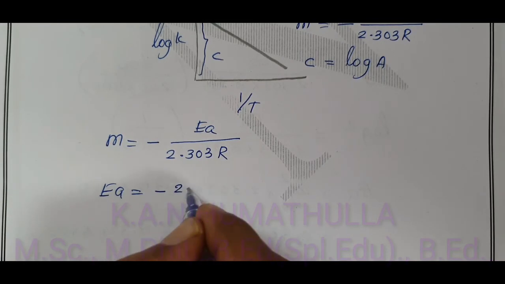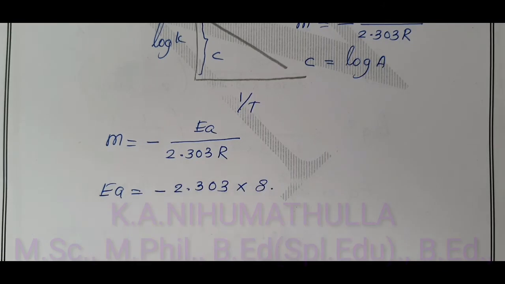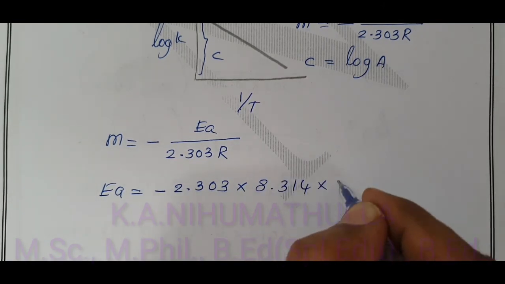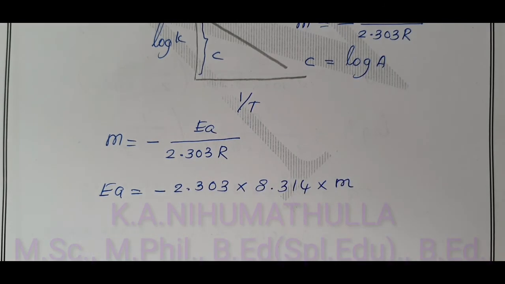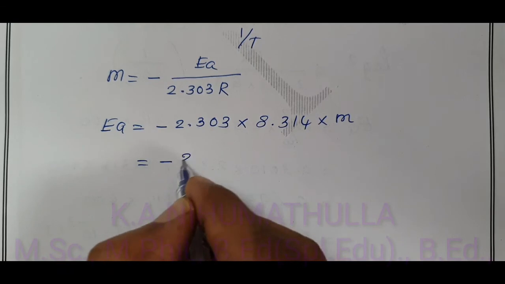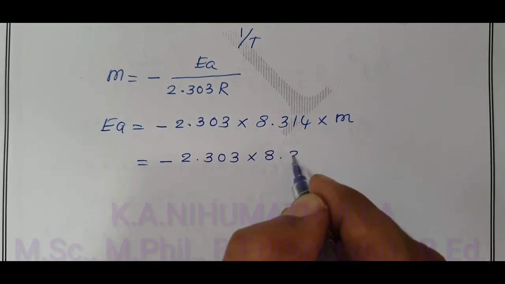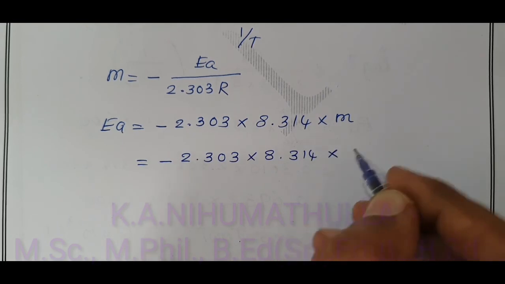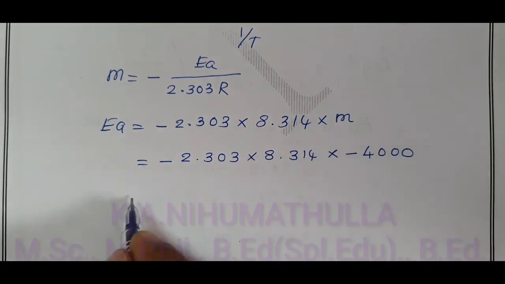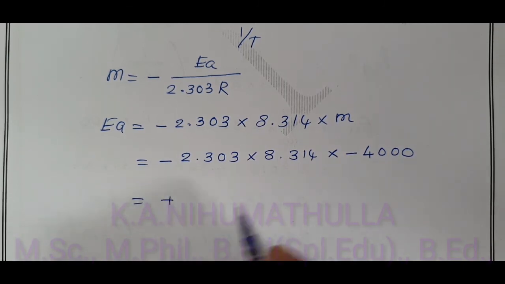Therefore, Ea is equal to, bringing all this quantity along with the sign to the left hand side, minus 2.303 into 8.314 into slope M. The slope value is given in our problem, minus 4000. That is equal to minus 2.303 into 8.314 into minus 4000. Minus into minus becomes plus.